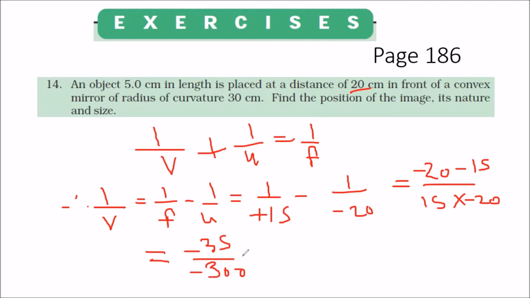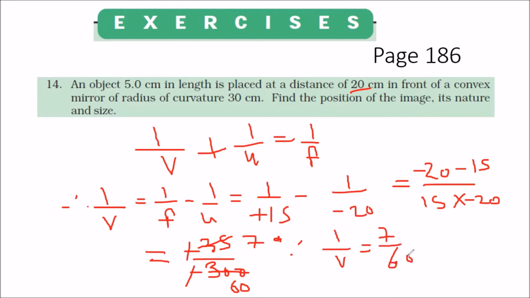So this is basically the value of 1 by v. Minus minus gets cancelled. This is 5 into 7 gives us 35, and this 5 into 6 will give us 30. So this becomes 60. Since 1 by v we are getting as 7 by 60 positive.